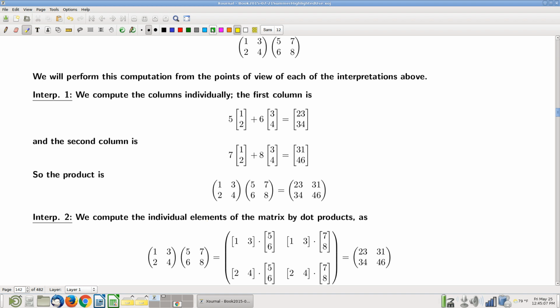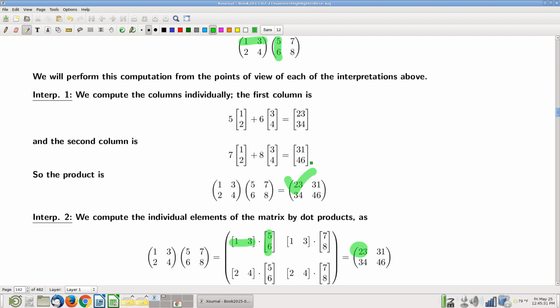So, for example, how would I compute the top left element of the product? Well, I take the top row of the left matrix and the left column of the right matrix. Do that little dot product, boom, there's that 23. Note that's the same 23 that we got doing it with linear combinations.